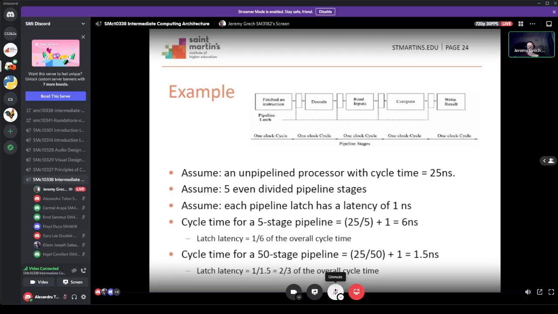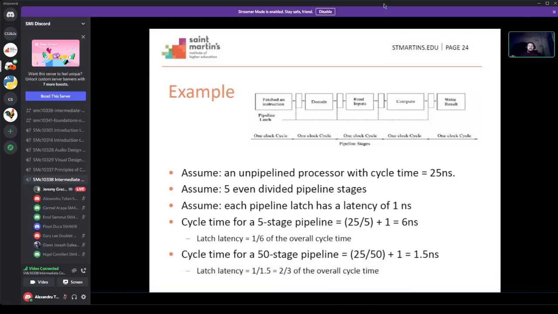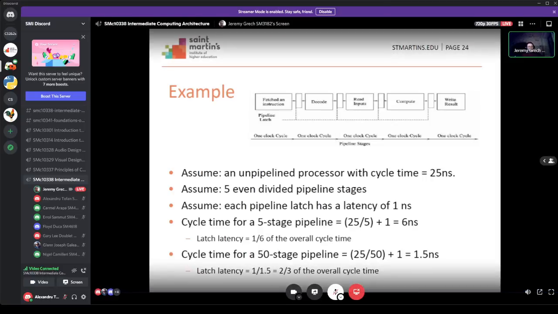Did everybody understand it? I'm okay with the maths. Essentially, what I'm trying to say is, imagine you have a list of tasks that you need to do which are completely separate from one another.